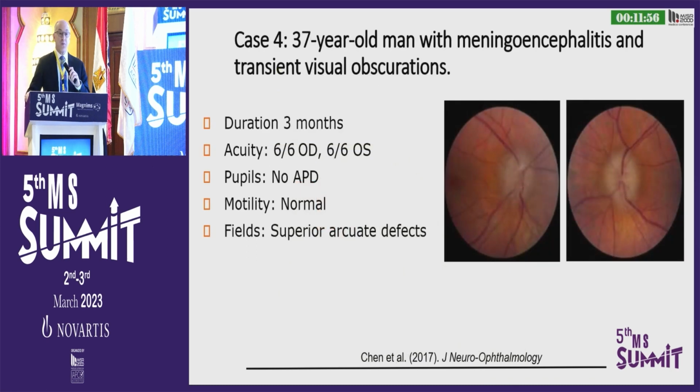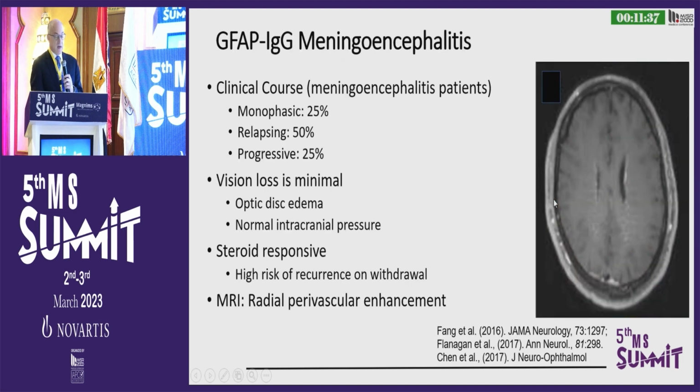Here's a 37-year-old man with meningoencephalitis and transient visual obscurations, normal visual acuity, no afferent pupillary defect, and superior arcuate field loss in both eyes on visual field testing. You can see the prominent disc edema in both eyes. This is a case of GFAP, glial fibrillary acidic protein, optic neuritis, which is a monophasic course in many patients, but can have a relapsing or progressive phenotype in others.